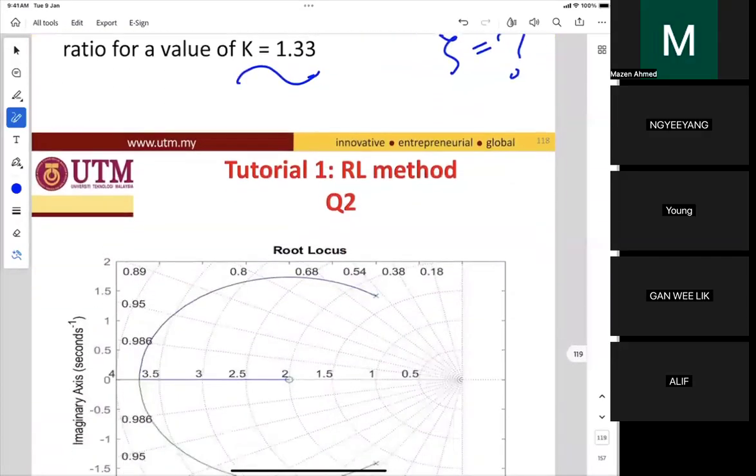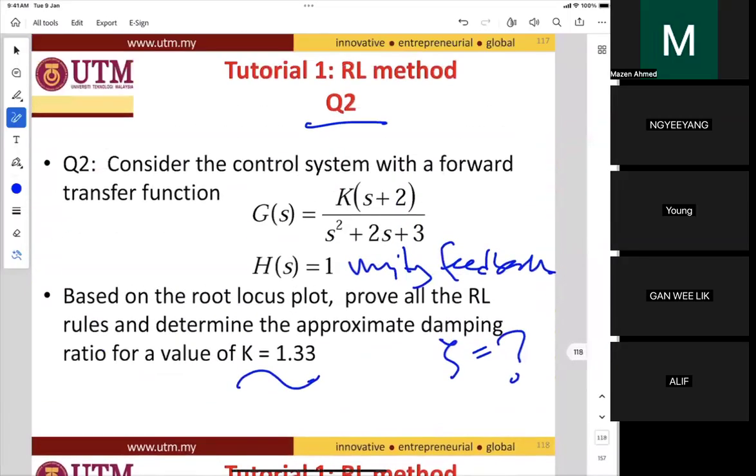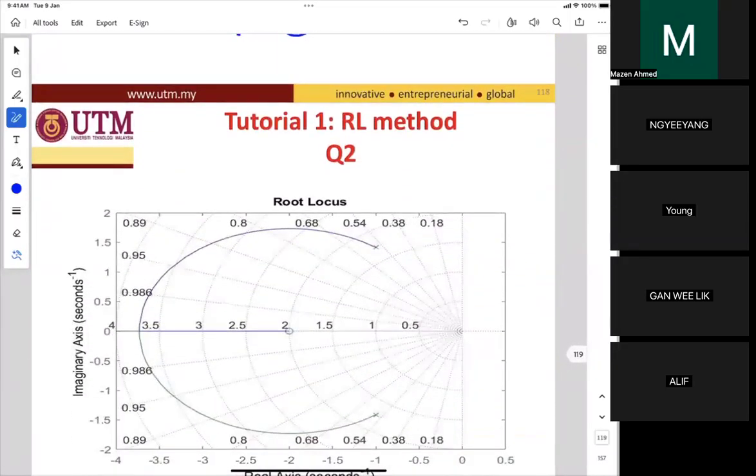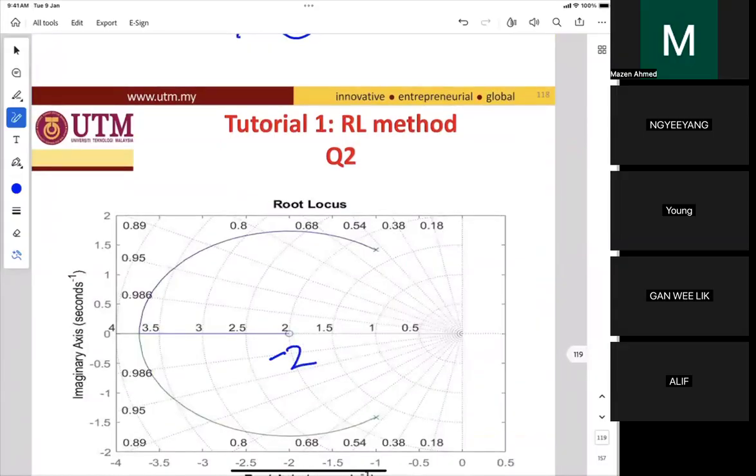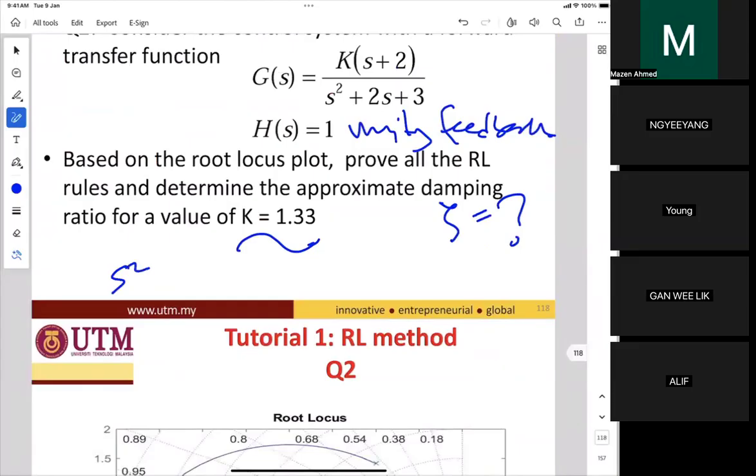How to do it? So this is the plot. 0, minus 2. And this one, can somebody help me? S squared plus 2S plus 3. What are the roots?